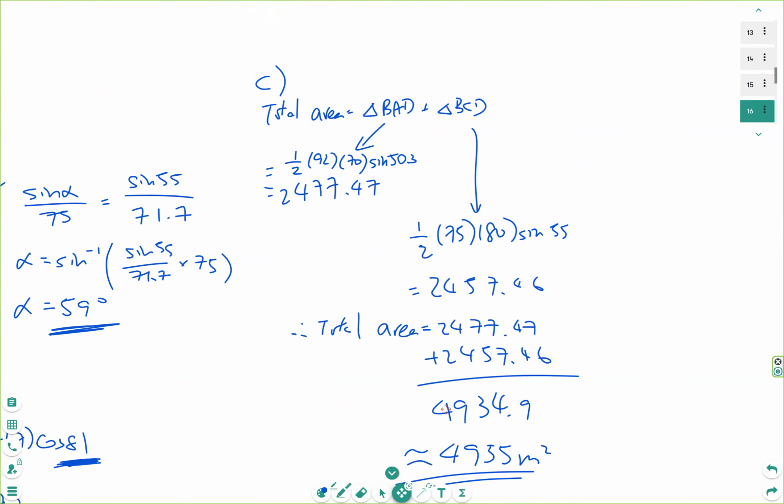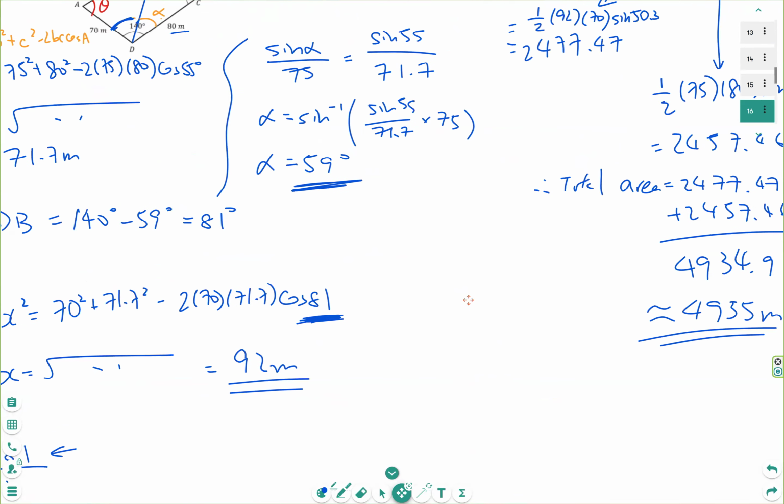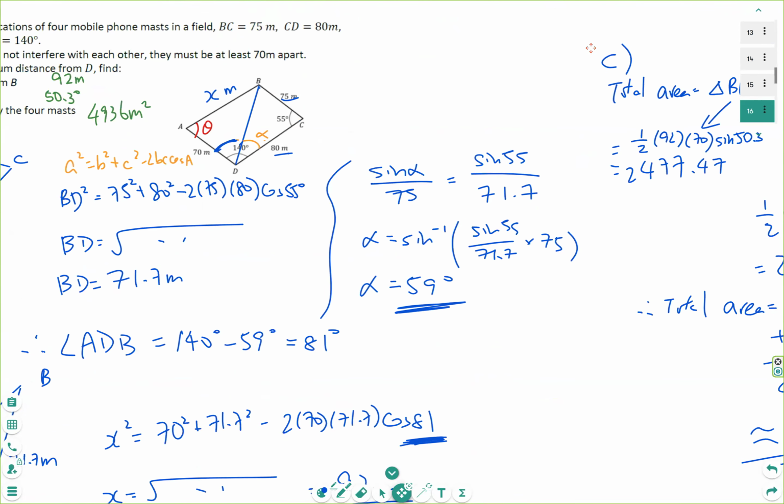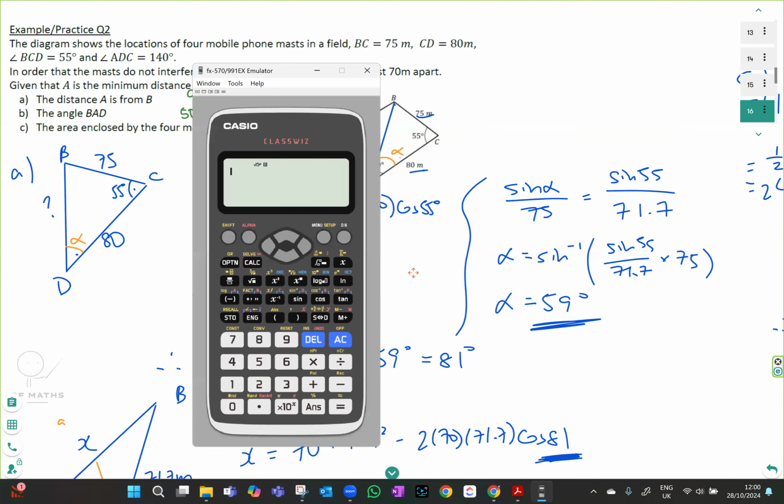Well, to fix this, you can use a calculator button called store value. I'm going to show you here as well if you're interested. For example, let's say I want to use the full value of 59 degrees. So I put in inverse sine of the fraction, sine 55 over 71.7 times 75.